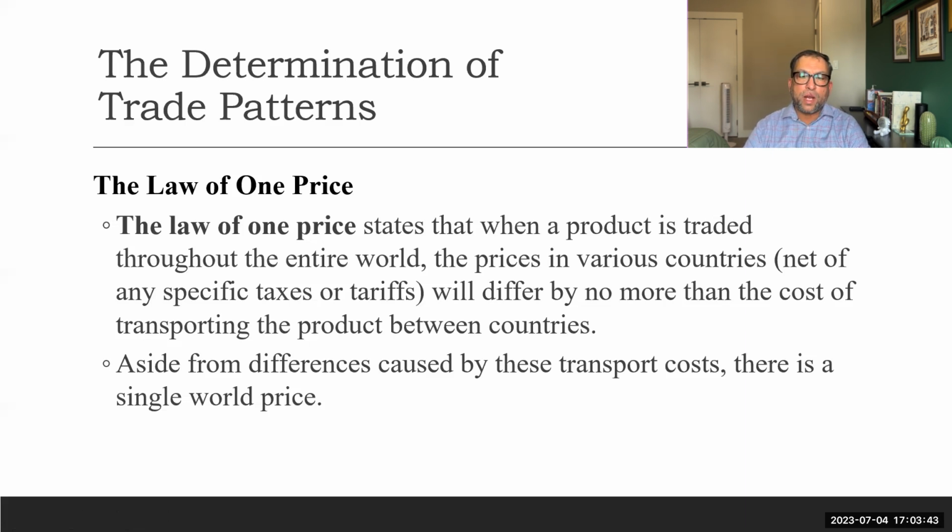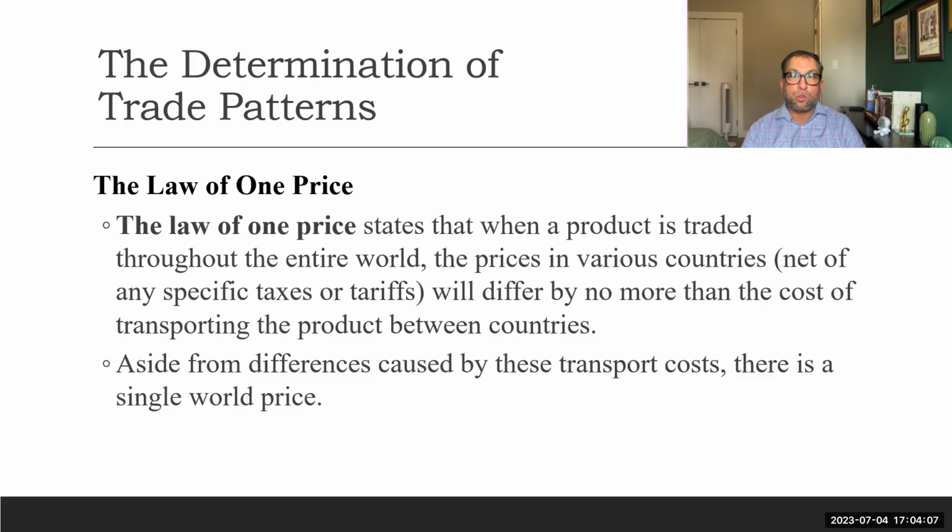The law of one price states that when a product is traded throughout the entire world, the prices in various countries, net of any specific tax or tariff, will differ by no more than the cost of transporting the product between countries. So it means that the price of goods mostly differs from one country to another because of the transportation cost.